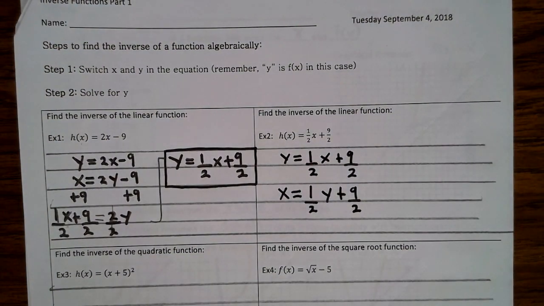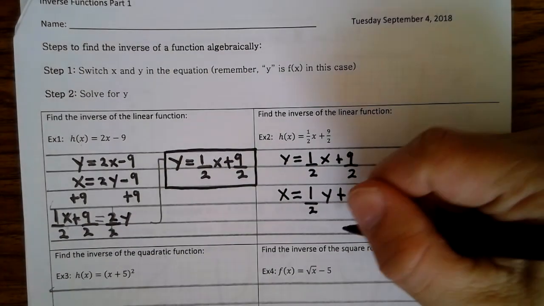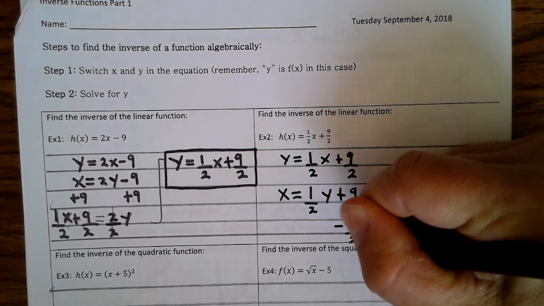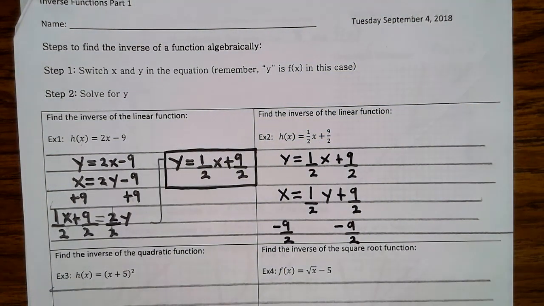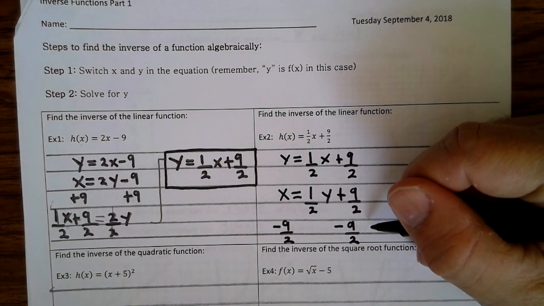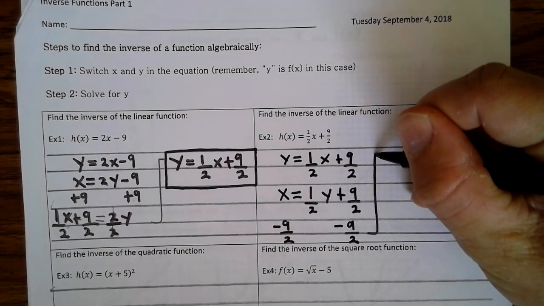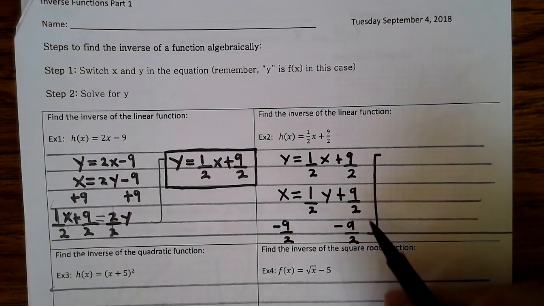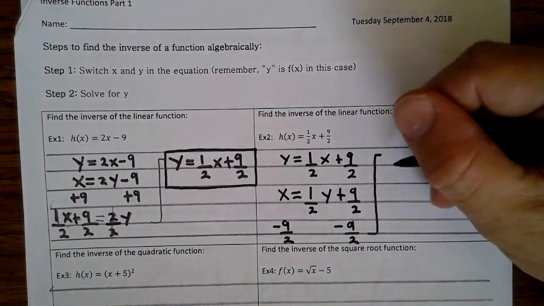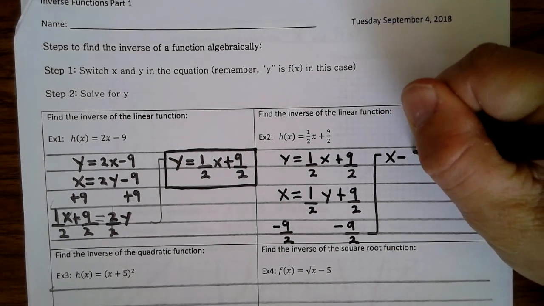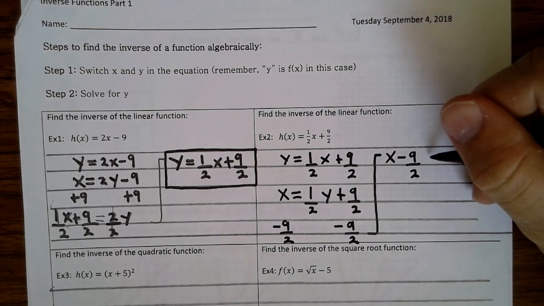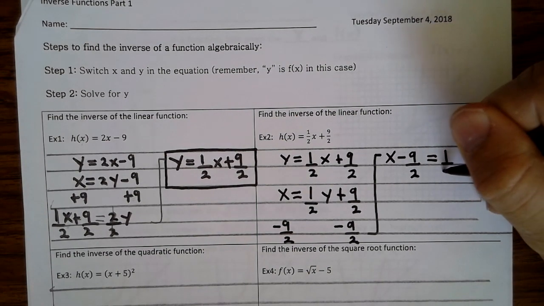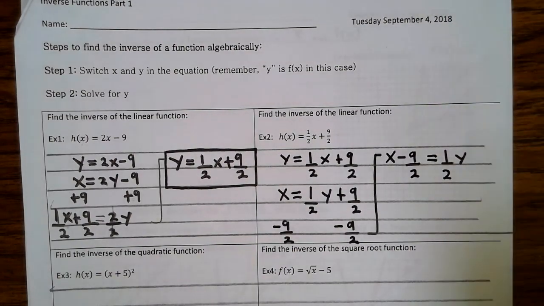All right, now the first step is we're going to subtract 9 divided by 2 from both sides. Okay, and then we ran out of space, so I'm going to bring the work to here. Now this becomes 0, and then we're left with x minus 9 divided by 2 equals 1/2 y.